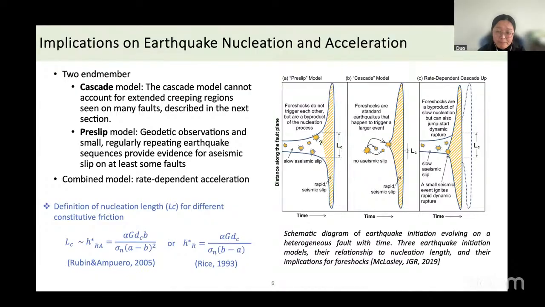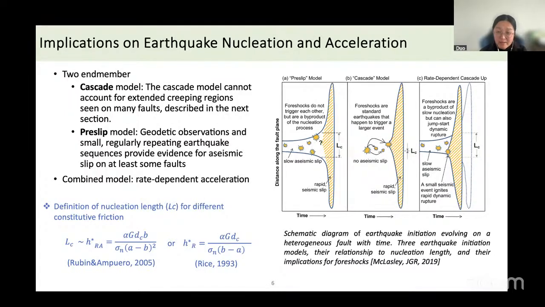Here is a conceptual model trying to explain the relation between slow slip or slow fault creeping and the nucleation of earthquakes. There are two end member models.